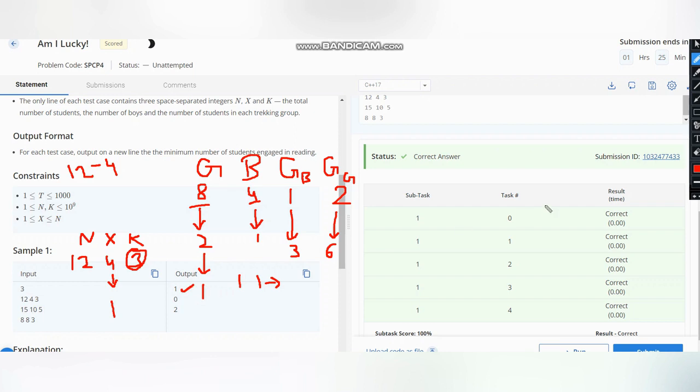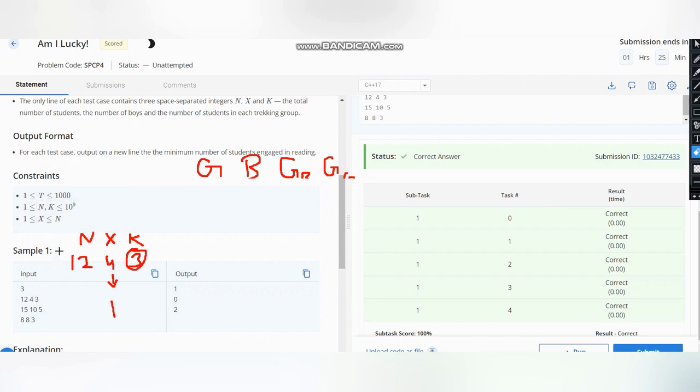Now let's see another example like this. We have the next example as 15, 10, 5. 15 students, 10 boys and group of 5.